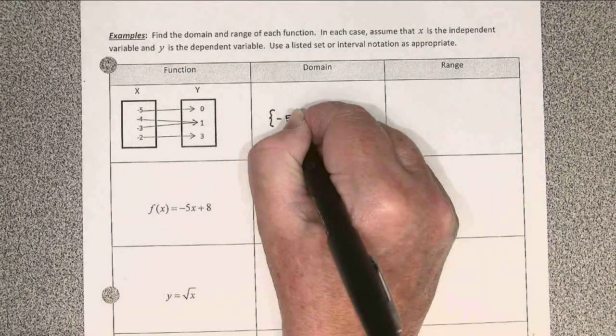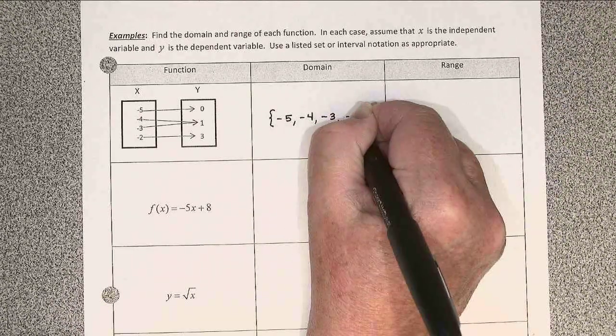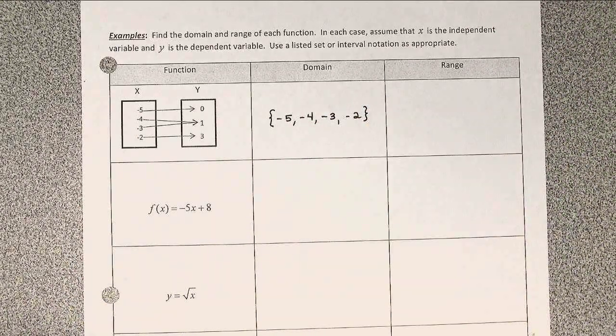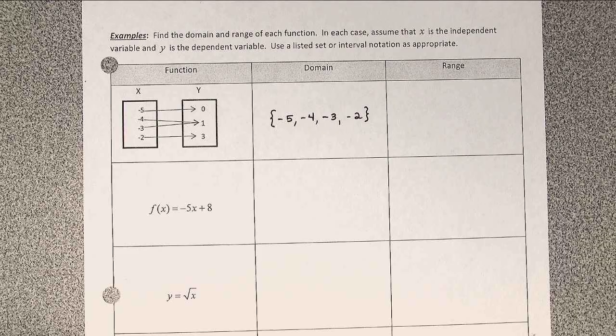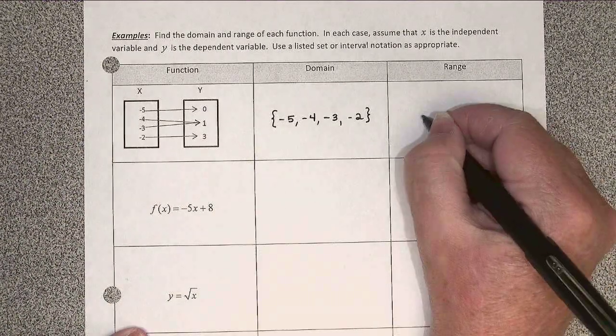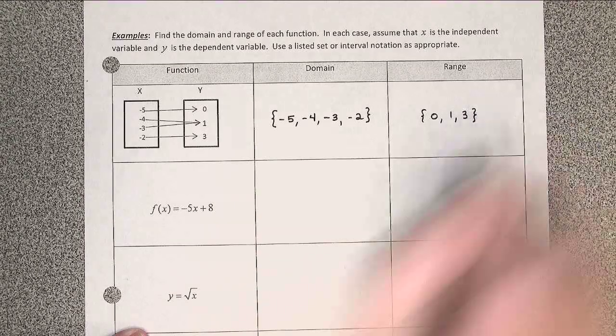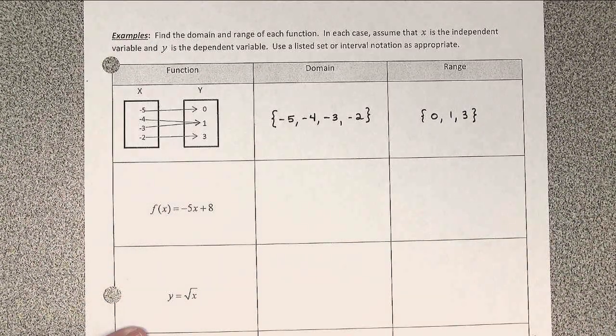The domain is the specific numbers, -5, -4, -3, and -2. Notice these braces, again, indicate just those specific values. I have not used interval notation because I don't have all of the fractions and decimals between those values. Similarly, in the range, I only have the 3 individual values, 0, 1, and 3.